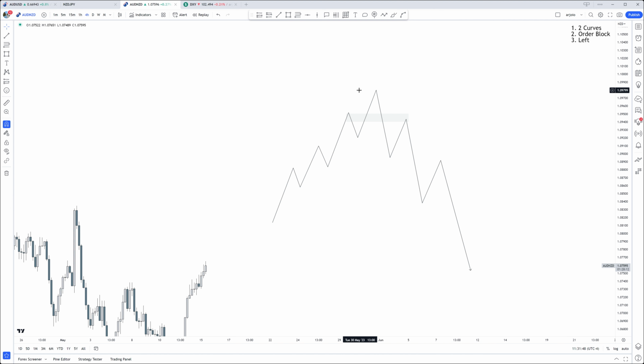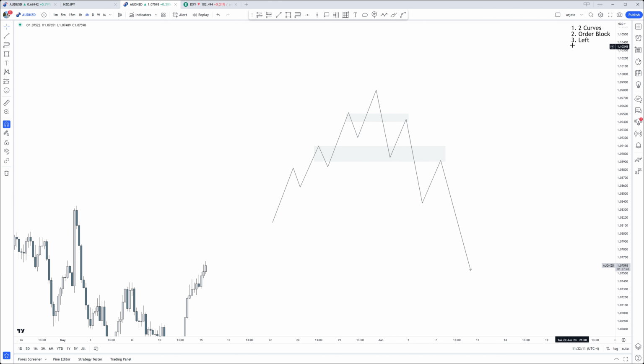So we have the left side, the buy side of the curve on the market maker sell model, and then we have the right side, the sell side of the curve on the market maker sell model. And these right here will be your reclaimed order blocks.